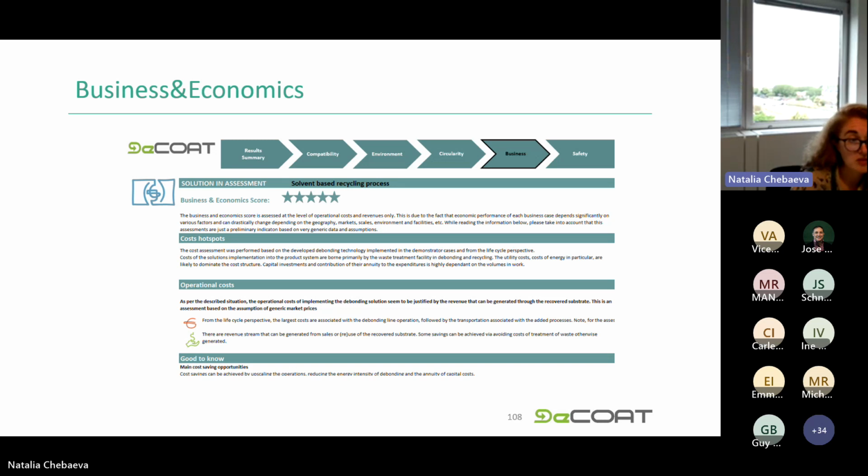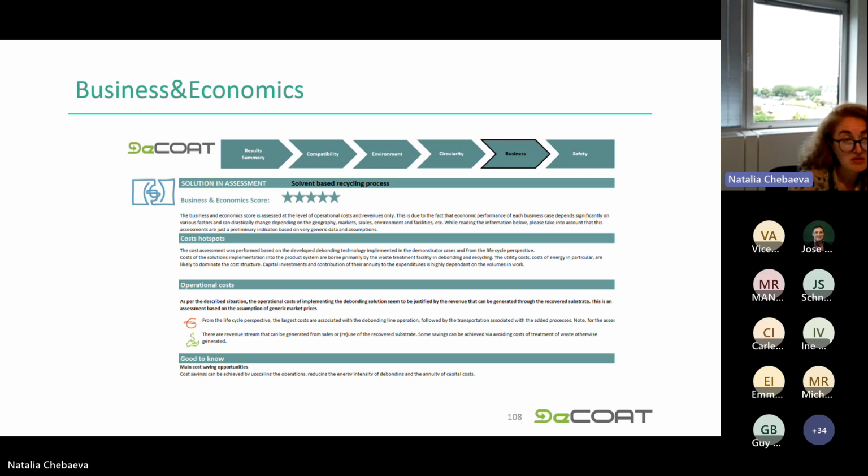As for the business and economics, it gives a score based on a high-level assessment of the operational costs connected with the added processes, compared to the revenues that can be generated from either selling secondary material or cost savings from avoiding waste treatment that otherwise would have happened.